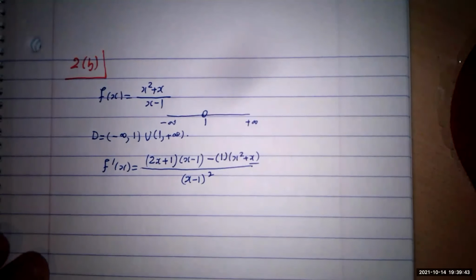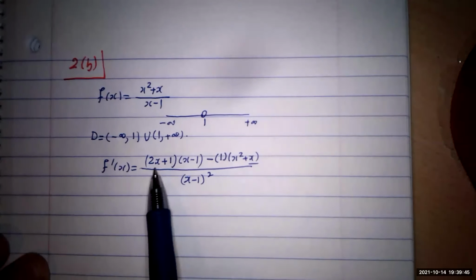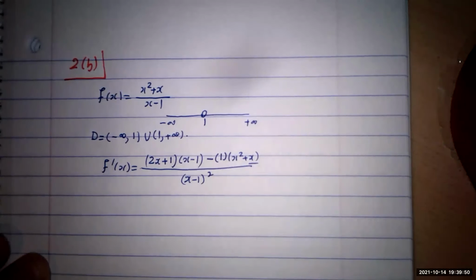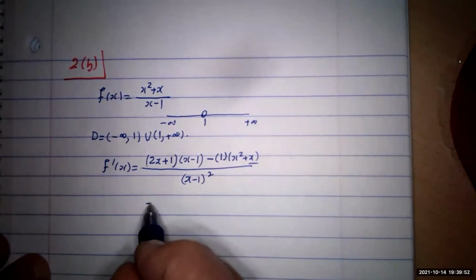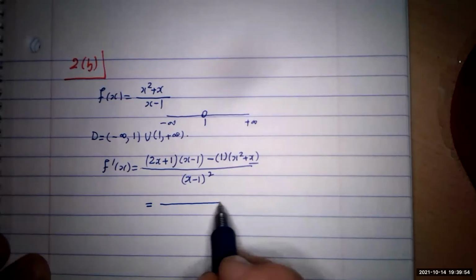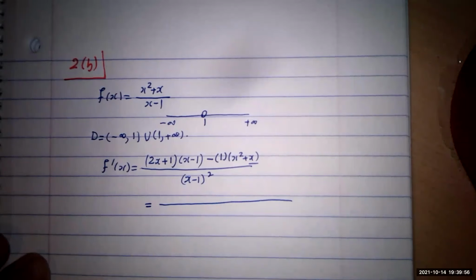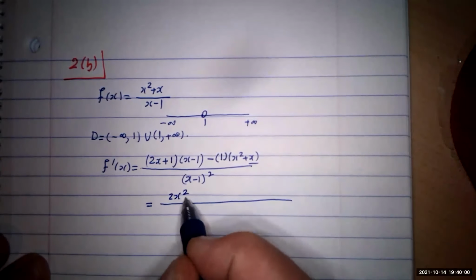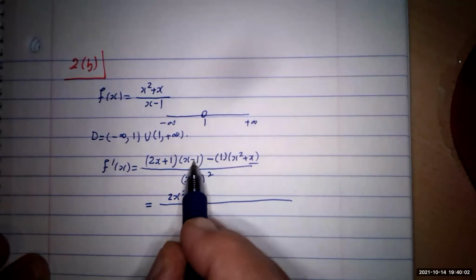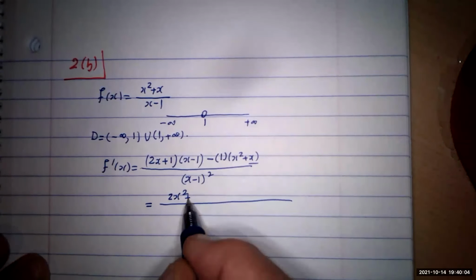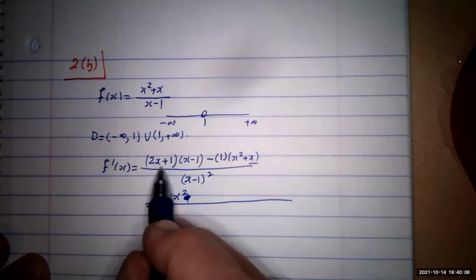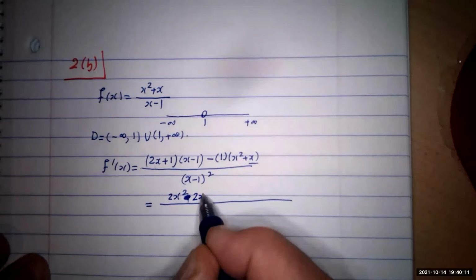You continue on the top. You have work to do because you have to FOIL it. You have to FOIL this one, distribute everything nicely. Okay, simplify. So it's going to be equal to, FOIL the top, 2x times x, 2x squared, plus 2x, minus, positive, negative, 2x times 1 would be negative 2x.